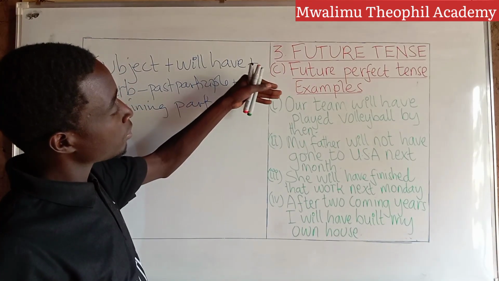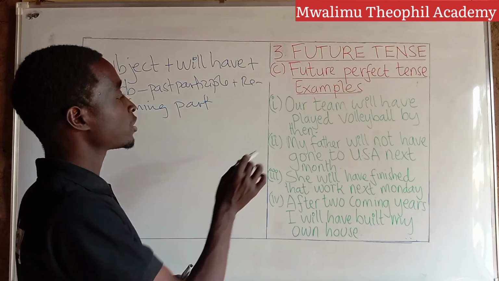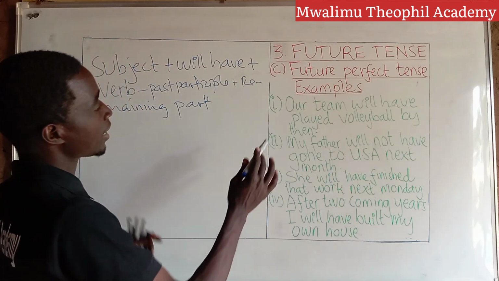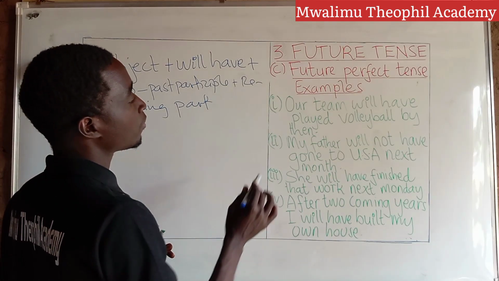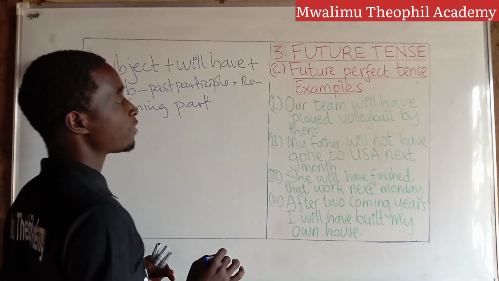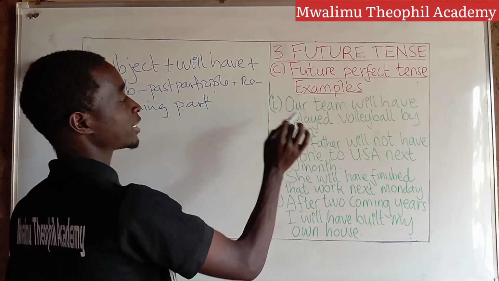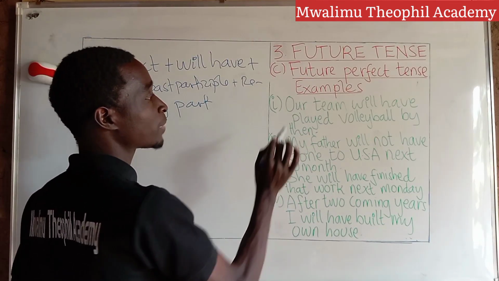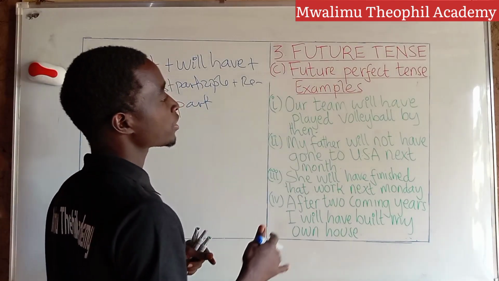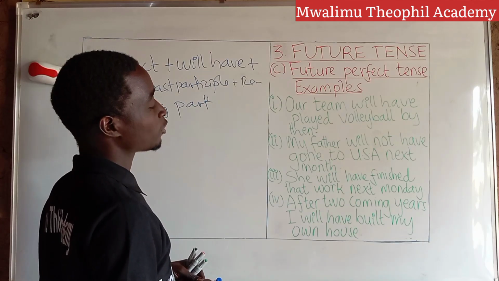Now, when you look at each of these 4 sentences, you may notice that after the subject, we have added the words will have. After will have, we have added the main verb in past participle, and we have finished with the remaining part of the sentence.